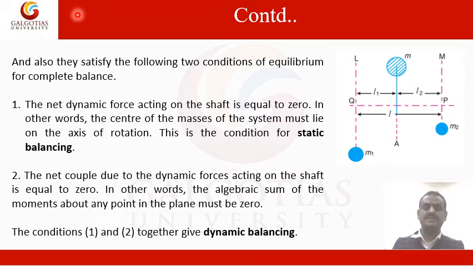The second one is the net couple due to dynamic force acting on the shaft is equal to 0. In other words, the algebraic sum of the moments about any point in the plane must be 0. Conditions 1 and 2 together lead to dynamic balancing.